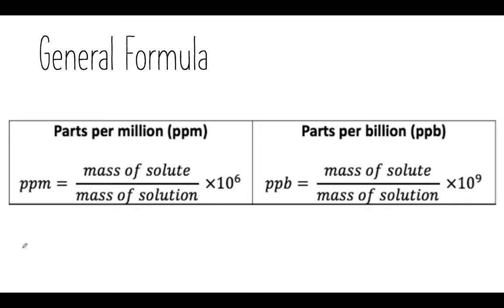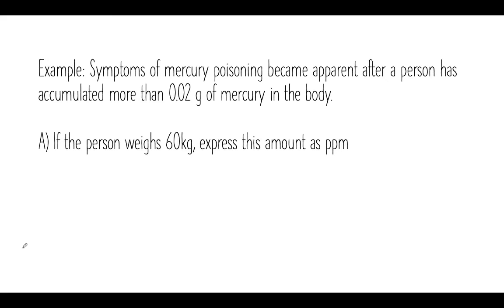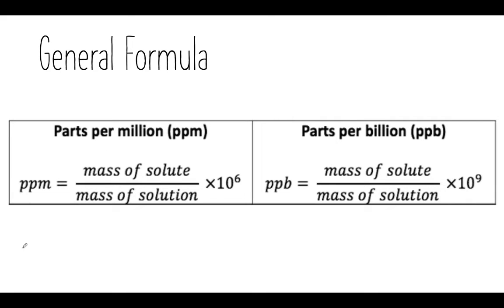So what does this look like in terms of an actual question? For example, symptoms of mercury poisoning become apparent after a person has accumulated more than 0.02 grams of mercury in the body. If the person weighs 60 kilograms, express this amount as ppm. Now, if you take a look at the formula, you'll notice that there are no units for the mass of solution or the mass of solute for either one of these formulas.